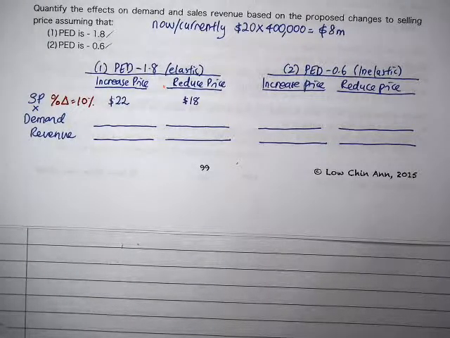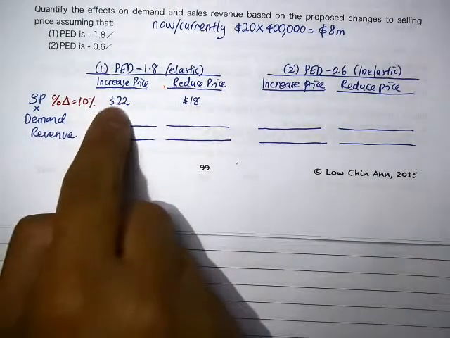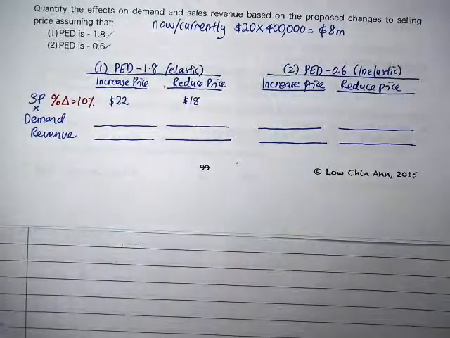So class, if PED is 1.8, when price changes at 10, demand must change at. So change in demand over change in price equals 1.8. If this is 10, this must be 18. Or else you cannot get 1.8. That means if you increase price, demand falls by 18%.